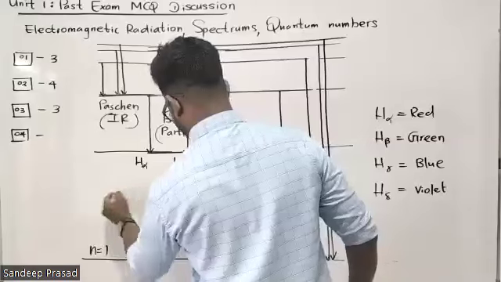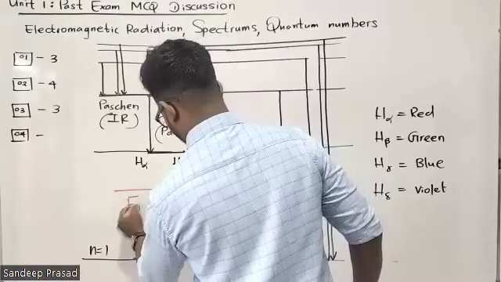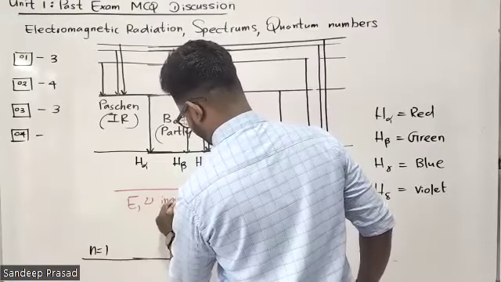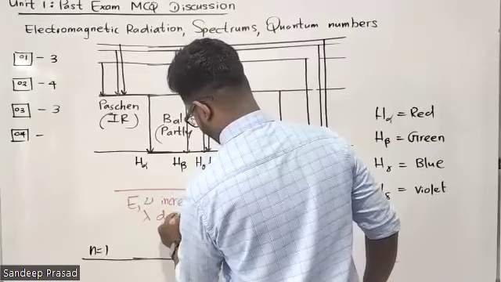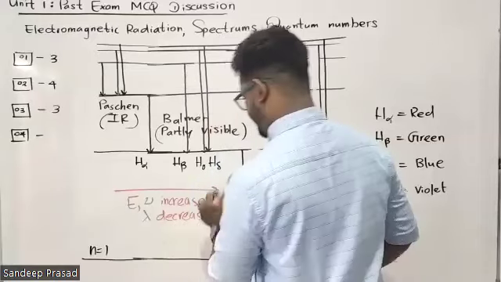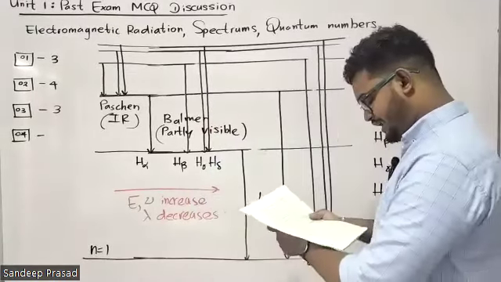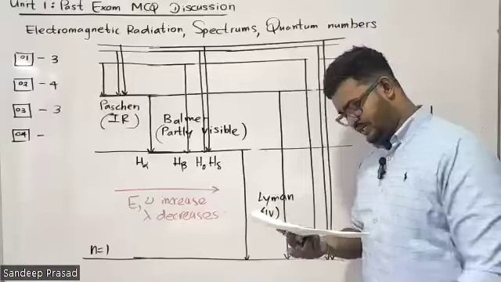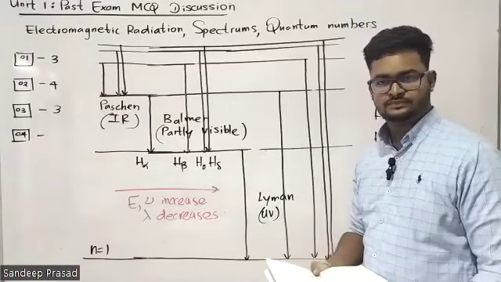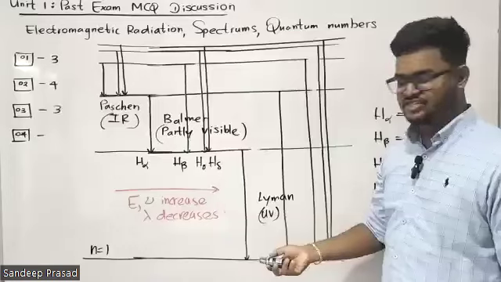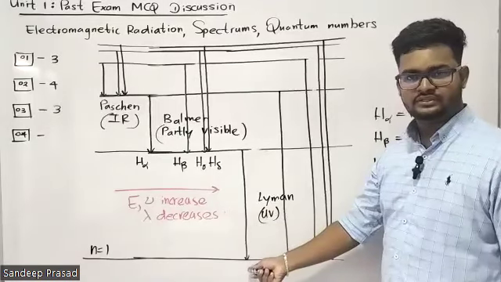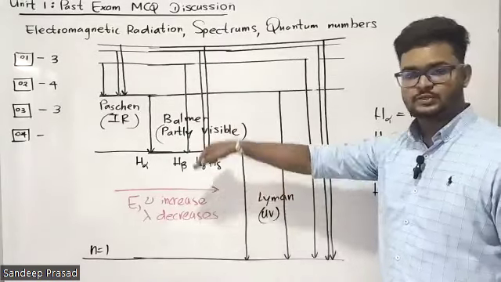In this direction, we can tell that energy and frequency are increasing, right? Then what will happen to the wavelength, lambda? That decreases. The first statement is wrong. Each line in the spectrum corresponds to a definite radiation. Yes, right? They are emitting radiations. So the energy of the radiation is denoted by that line in the spectrum.